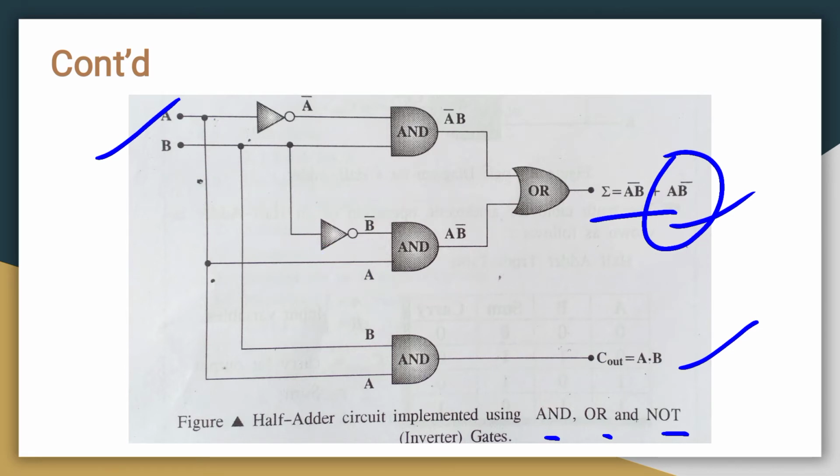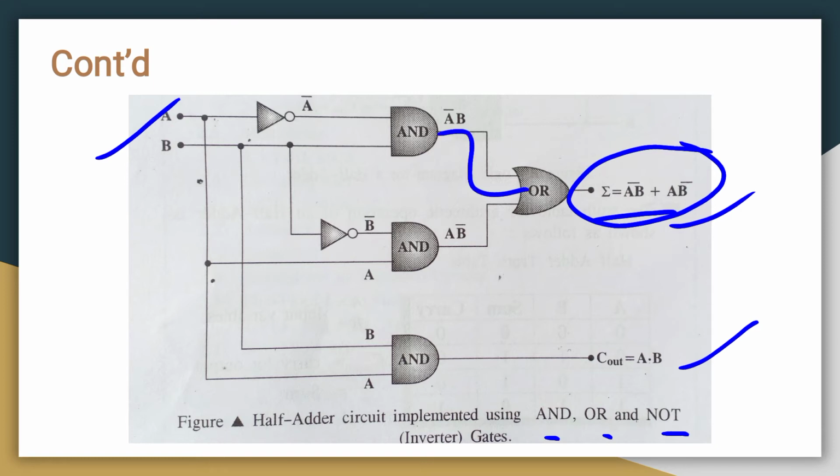After these two, we have to get the OR. For this OR, we take the outputs of A bar B and A B bar to the OR gate. We will get this one. So this is about the sum.